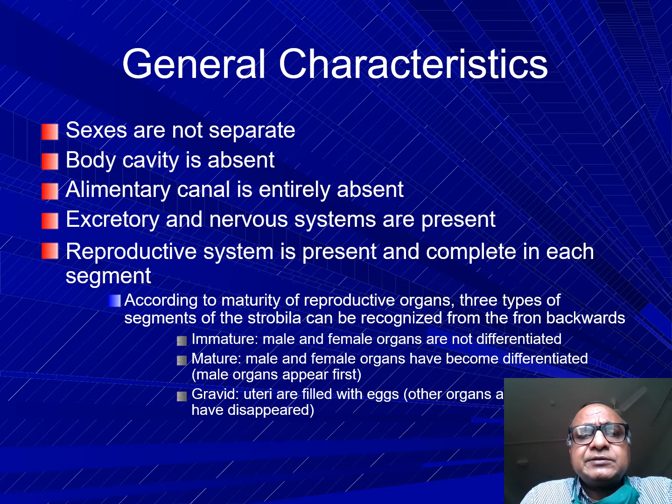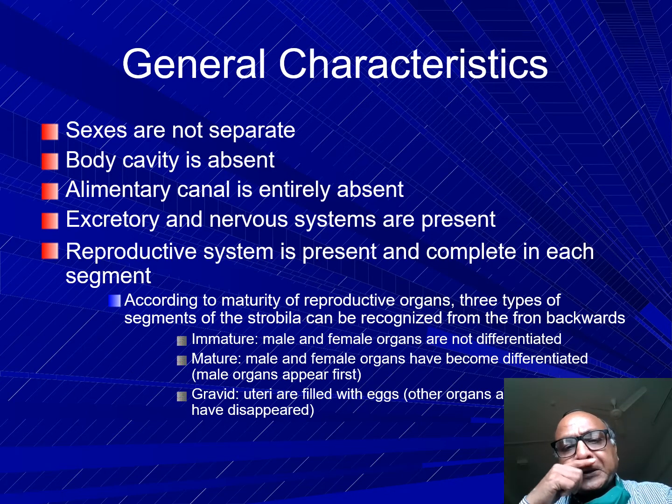Excretory and nervous systems are present. The reproductive system is present and complete in each segment. According to maturity of reproductive organs, three types of segments of the strobila can be recognized from the neck backward. Number one, from the neck onward, immature ones, where the male and female organs are not differentiated.